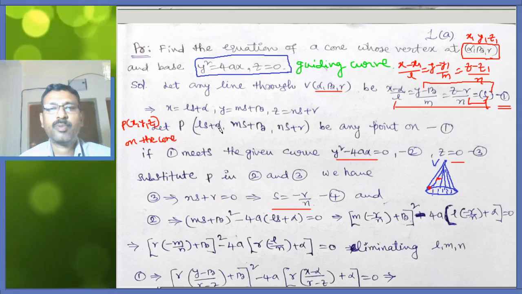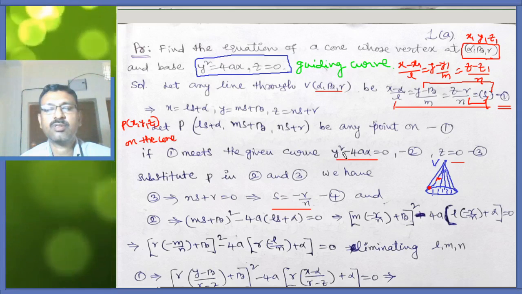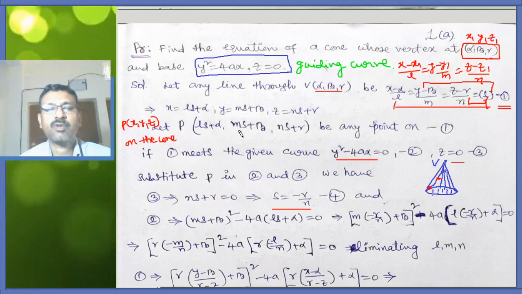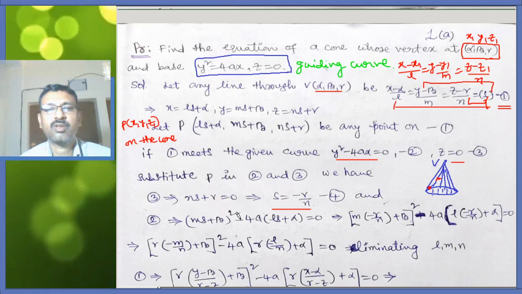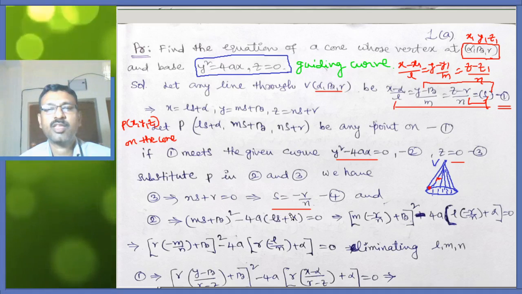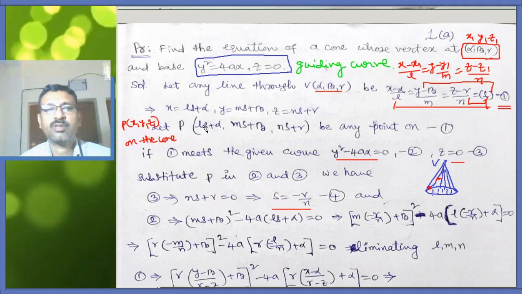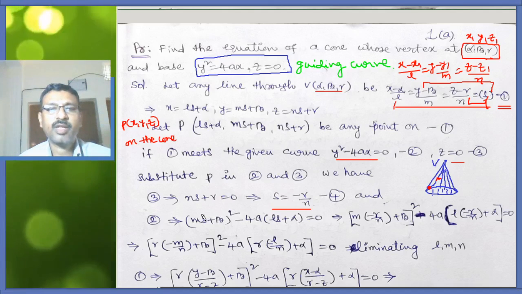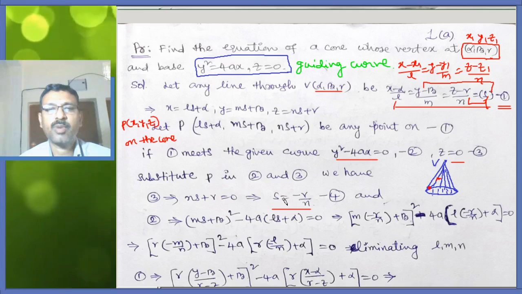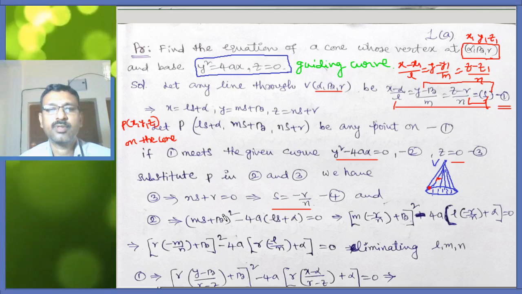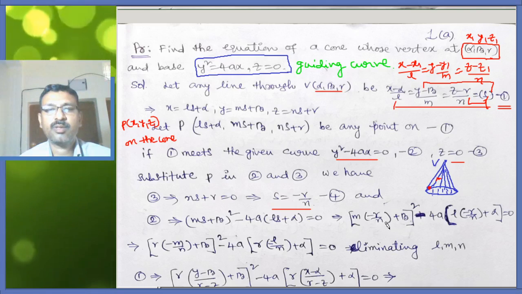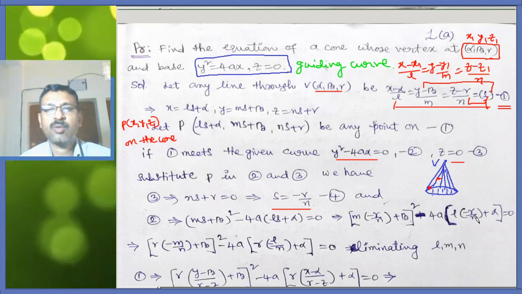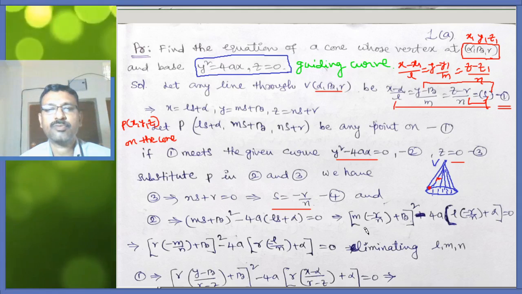Similarly, substituting P in the equation y square minus 4ax equal to 0, we have (ms plus beta) whole square minus 4a into (ls plus alpha), the x coordinate, equal to 0. Now I replace s in the equation by minus gamma by n, that is (m into minus gamma by n plus beta) whole square minus 4a into (l into minus gamma by n plus alpha) equal to 0.